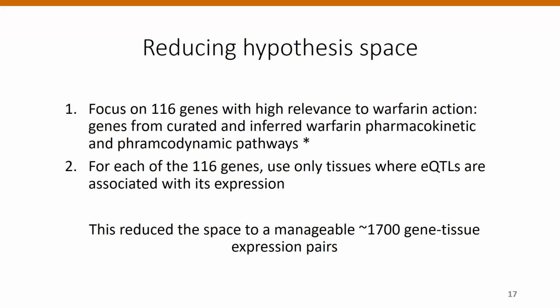Now, obviously, and I'm going to talk about that in the summary, we might be missing some additional information, but here we focused on high precision, and this reduced the space to a manageable 1,700 gene-tissue expression pairs.